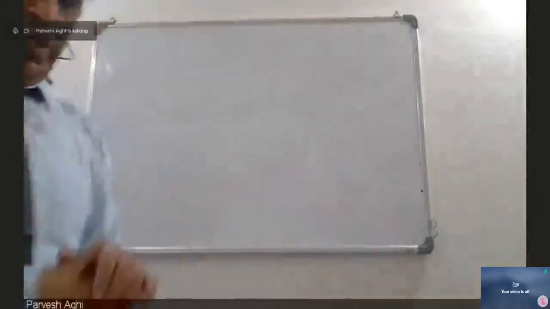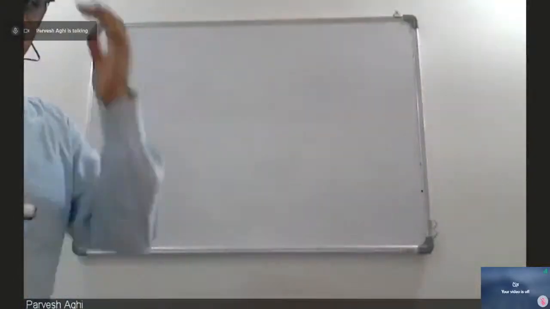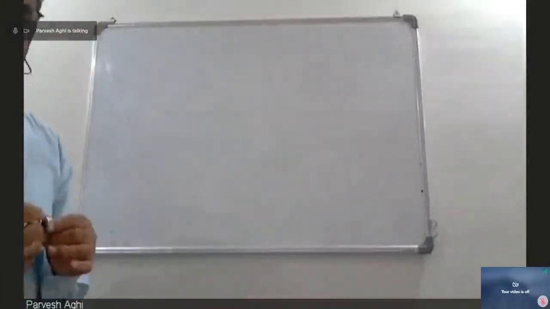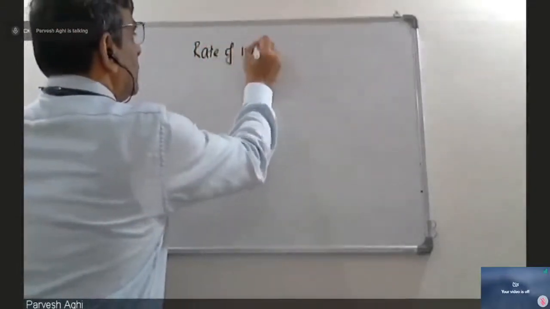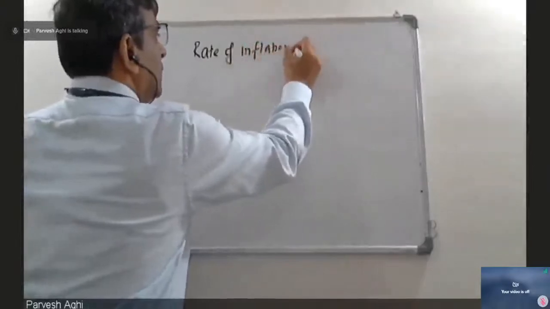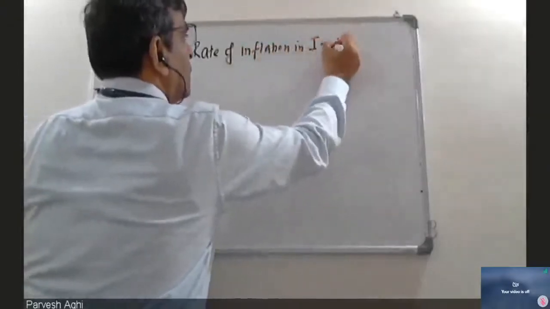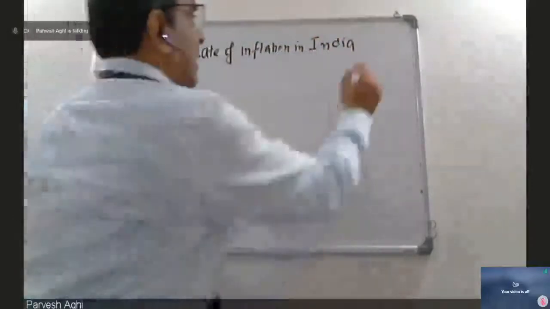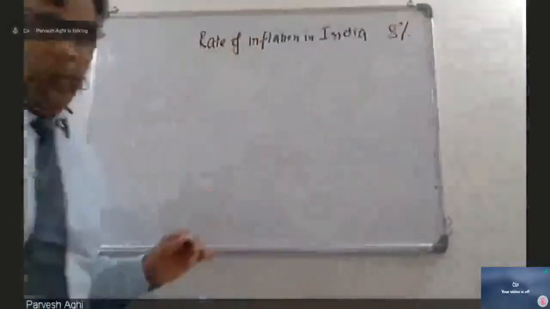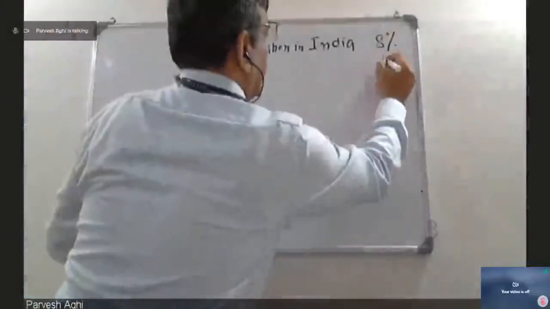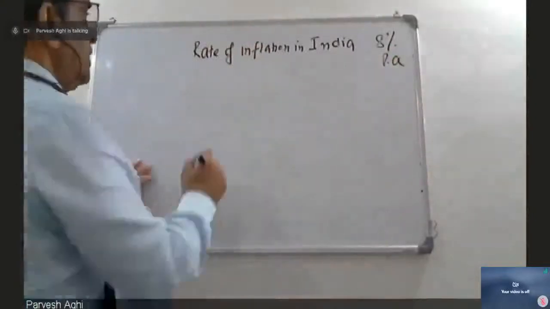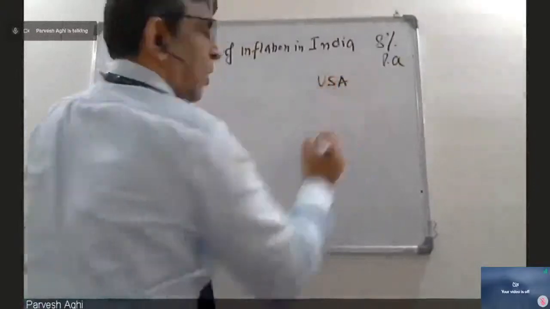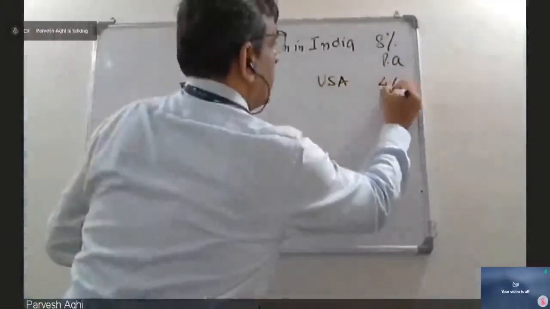So one more question and then we are going to have a break. This is a pretty simple question. I think you can solve this yourself. The rate of inflation in India is given as 8% per annum, and in US it is 4% per annum.